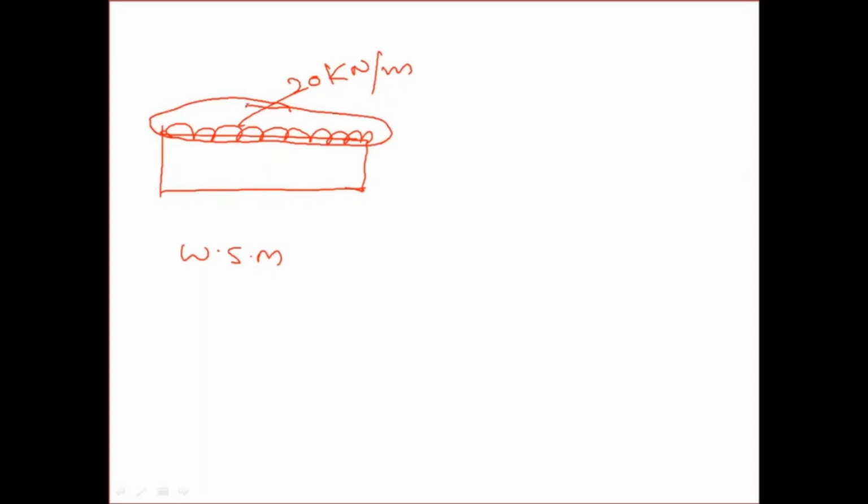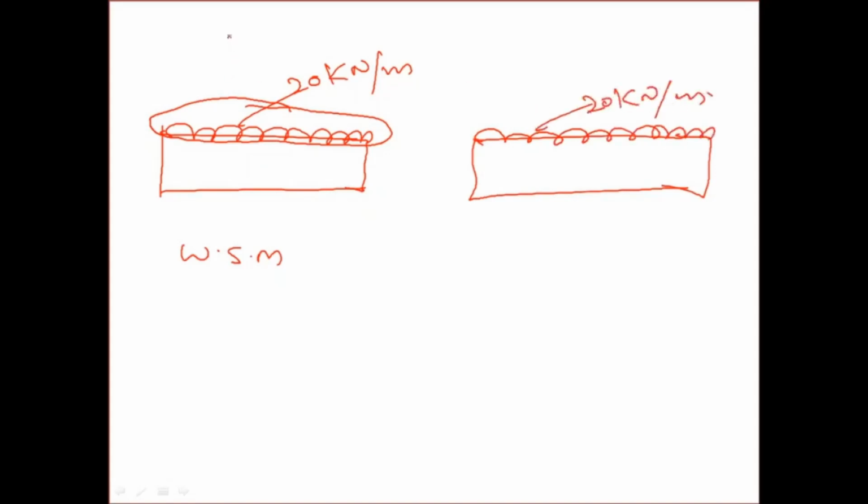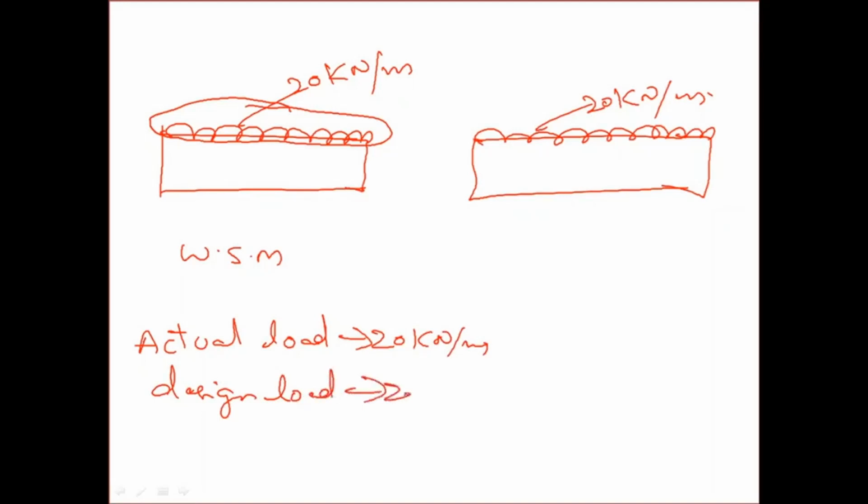Then if you take the limit state method, suppose if this is the beam, now if the load is 20 kilonewton per meter, so here what is the actual load? Actual load is 20 kilonewton per meter. And what is the design load? 20 kilonewton per meter only.